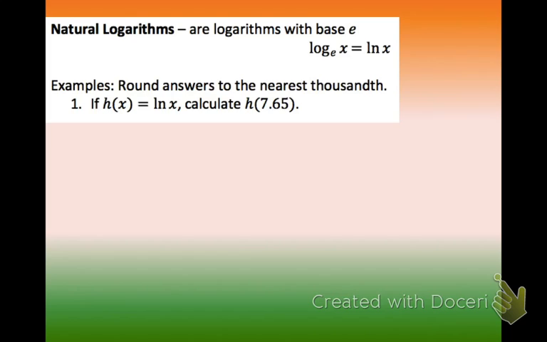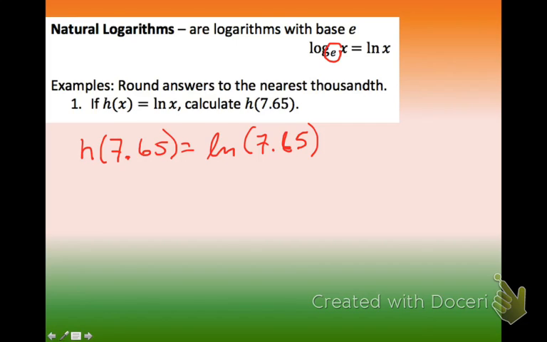Moving on to natural logarithms. These are when you have your base of e. So your base down at the bottom there is e, and it turns into ln of x. So if we want to calculate h of 7.65 when it's ln of x, we're going to do h of 7.65, which means you're going to do ln of 7.65.